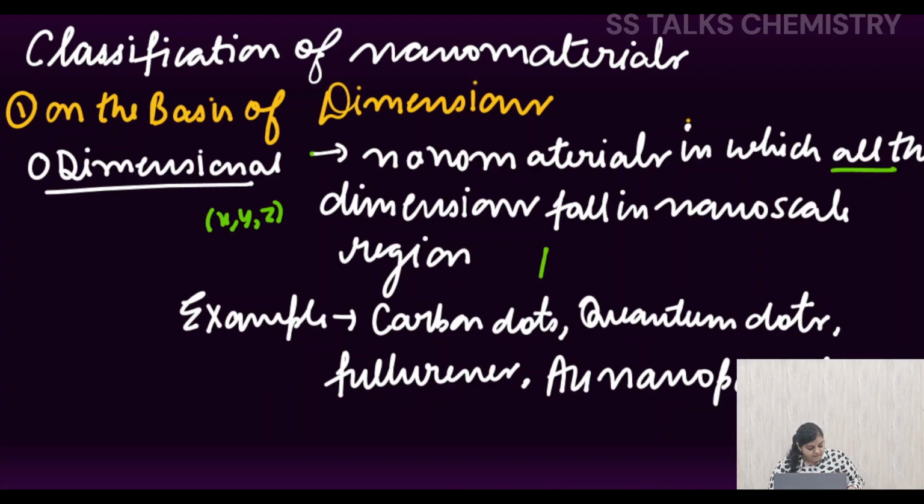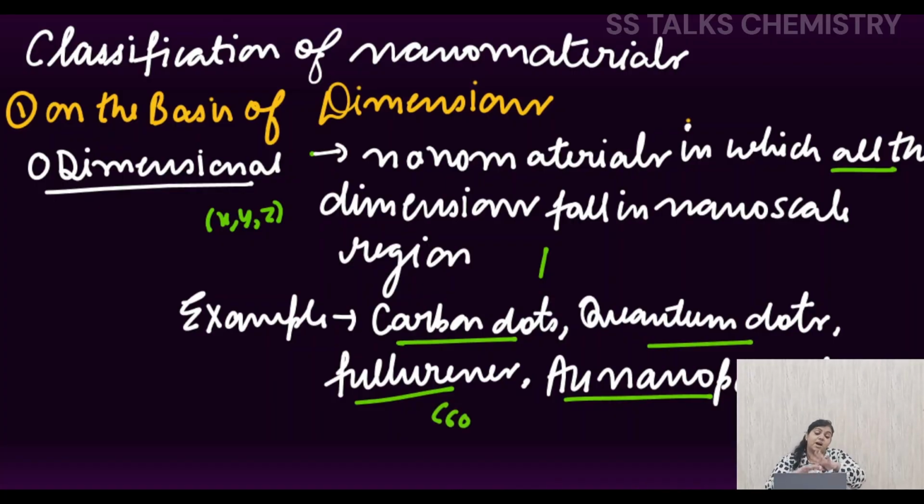Okay, what are the examples of 0-dimensional nanomaterials? You have the carbon dots, the quantum dots, the gold nanoparticles, and the fullerenes. Fullerene basically is the Buckminster ball that you have, with 60 carbons, C60.